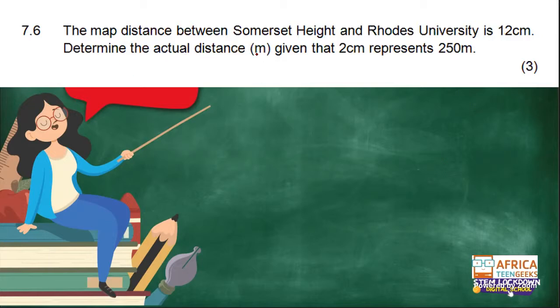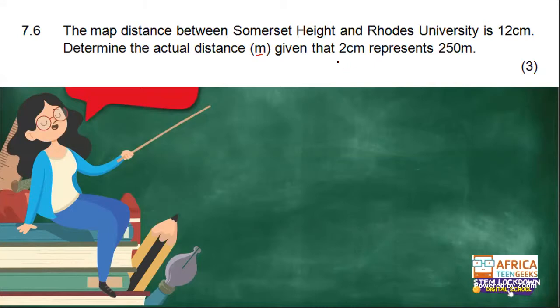M in this case represents meters, so the actual or real distance in meters, given that 2 centimeters represents 250 meters. What is the actual distance between Somerset Heights and Rhodes University?